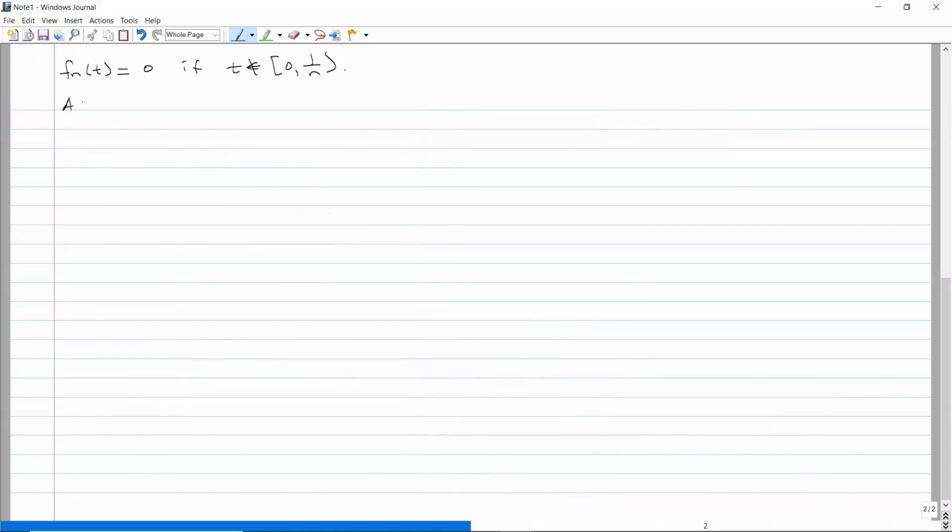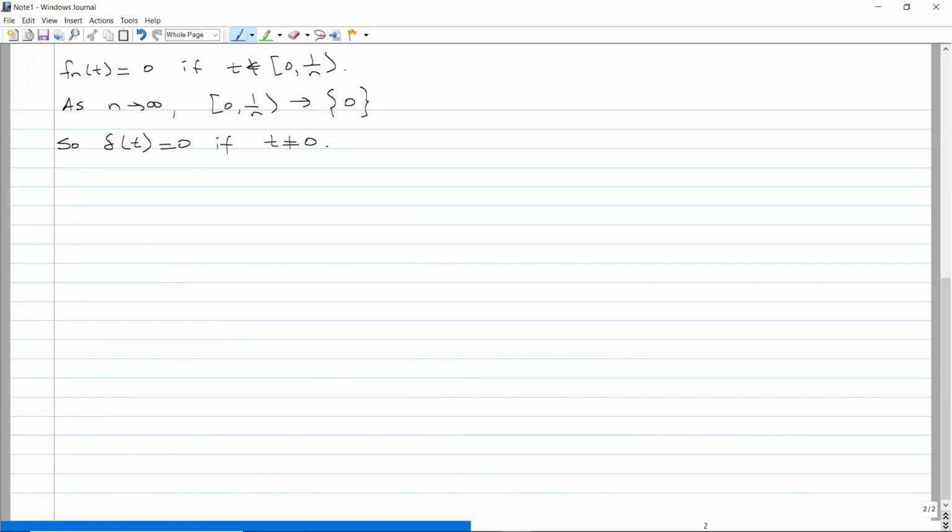And as n goes to infinity, this interval tends to just one point. So in the limit, the function delta is 0 if t is not 0.